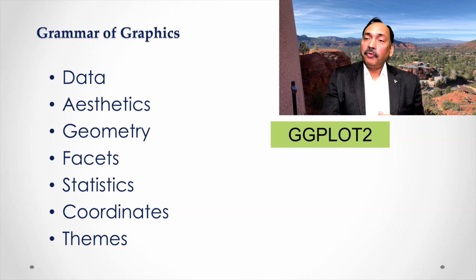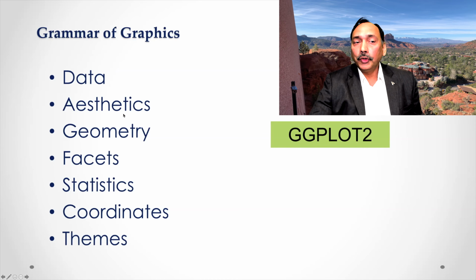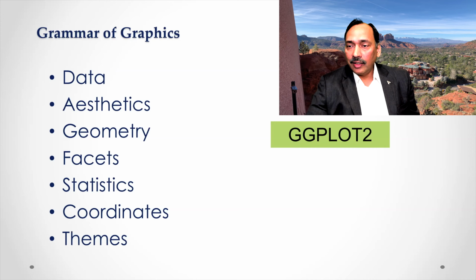So you may have to filter out something, select some part, ignore others. But ggplot2 lets you choose data and tell through aesthetics how you want that graph to look, what should go on x-axis, what should go on y-axis, what should be the color, or whether there should be any color.